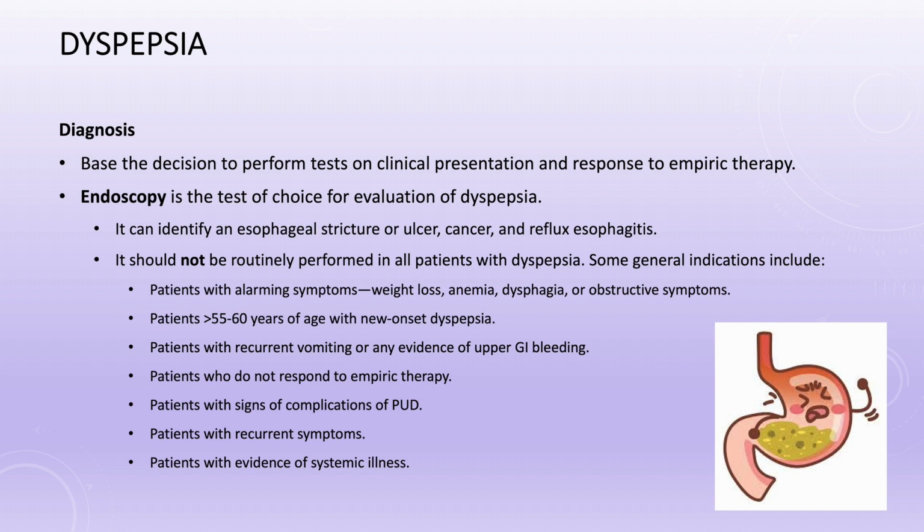In a lot of the things we're going to be discussing today, endoscopy really is one of the best tests of choice, and it is one of the first go-to tests for gastroenterologists because, as I mentioned before, it's a way for GI doctors to look with a camera into the stomach and get a first-hand perspective of what's going on in the esophagus, the stomach, and the duodenum.